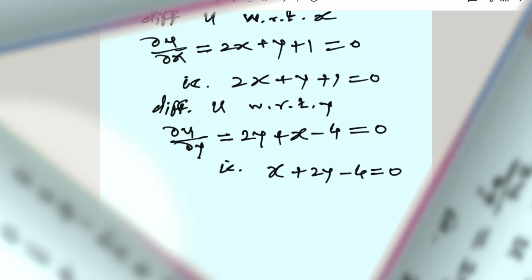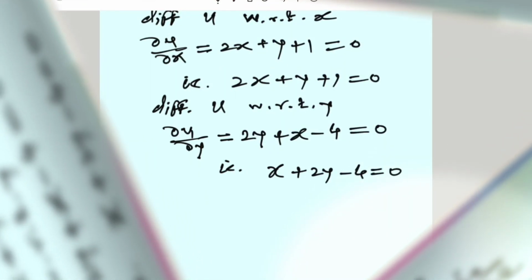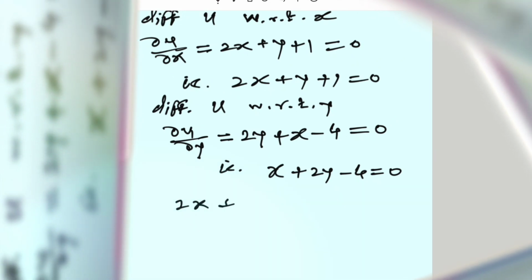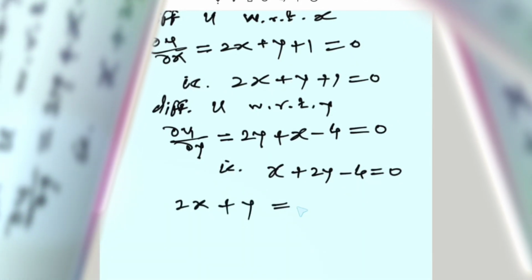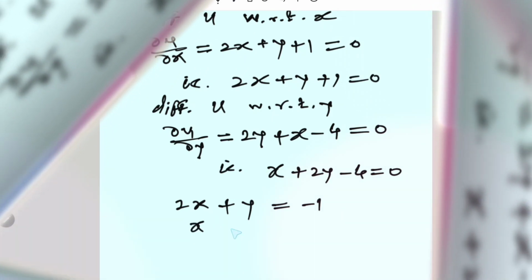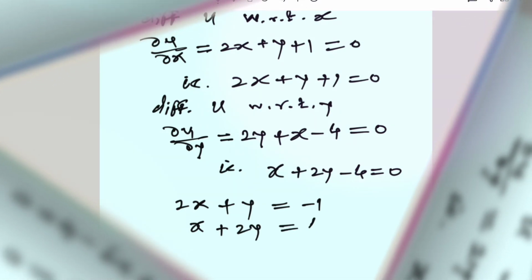Then solving these two equations for x and y, we rewrite the first equation as 2x + y = −1, and the second equation as x + 2y = 4.